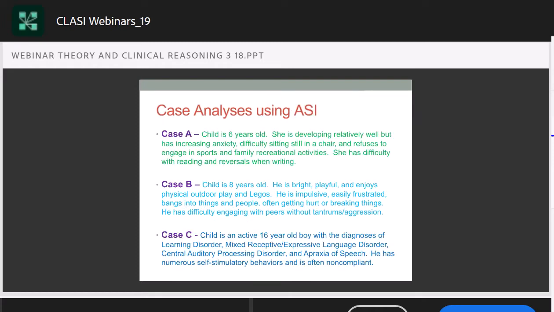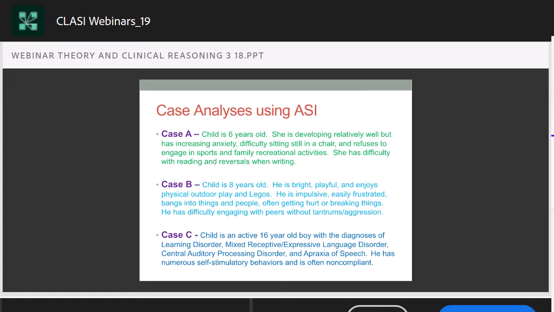So I pulled 3 examples from my caseload, and I'm going to show you how we apply our knowledge of theory to these kinds of cases. I tried to pick a few that are quite representative of the referrals I get in my own practice.